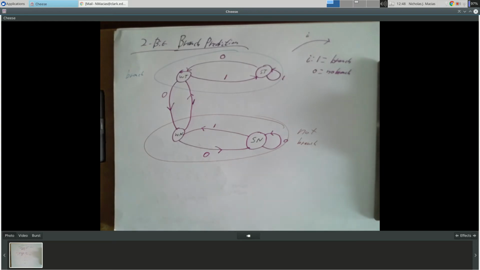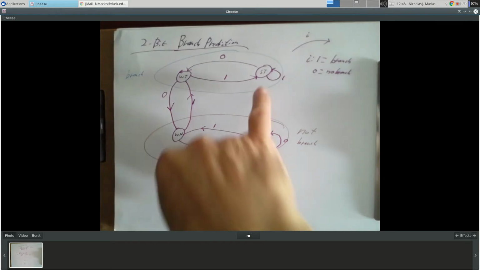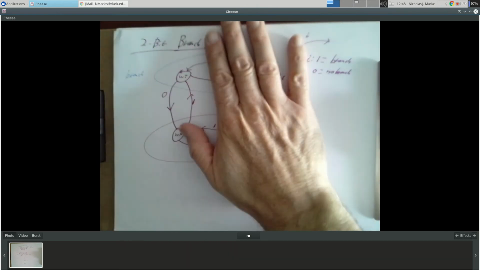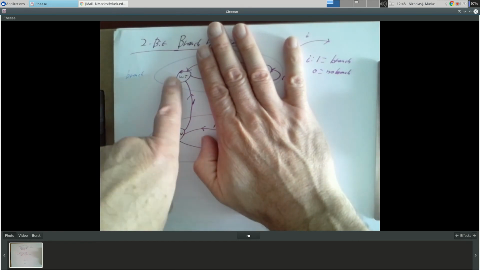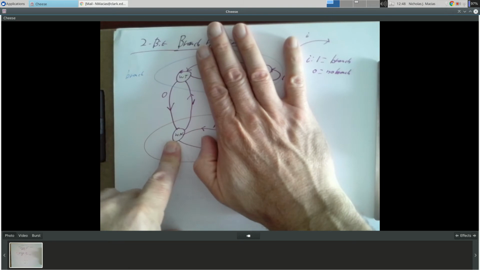And if you're doing a loop for I equals 1 to 1,000 times, you're going to branch back up to the top, and then one time you're not going to, you're going to fall through. So this is certainly going to handle that case. But if we only had a 2-state machine, a 1-bit branch predictor, as soon as we didn't take that branch, we'd say, okay, I don't think you're going to branch next time.